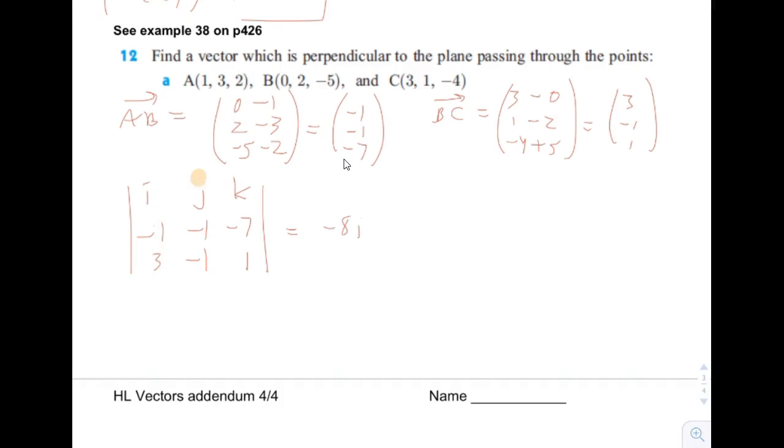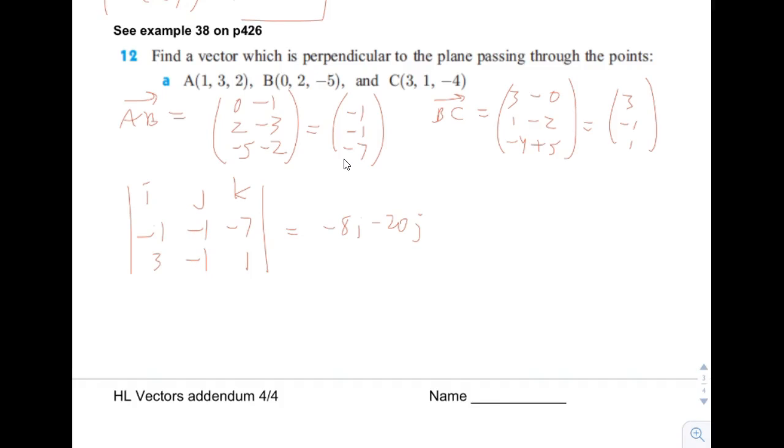Now I'm going to cover up the j column, and I'm going to end up with negative 1 minus negative 21, so negative 1 plus 21, which would be 20j, but I need to make it negative because the middle number is always going to be subtract.